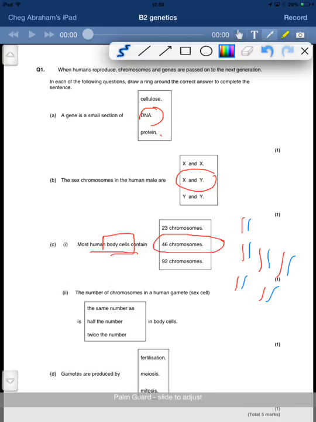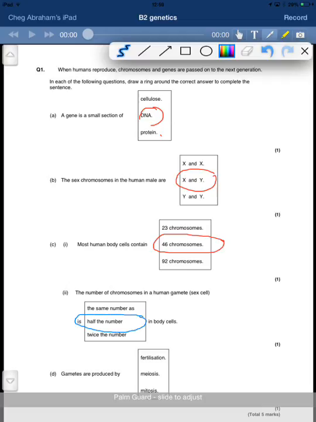Okay, so hopefully you're okay with this. The number of chromosomes in a human gamete cell is the same number as body cells, half the number, or twice the number? Well, hopefully you are aware that it's half the number.